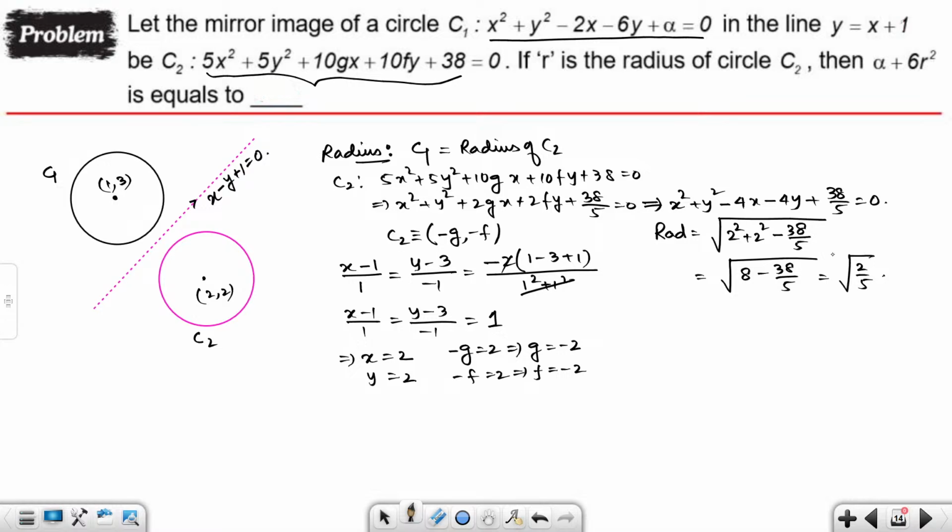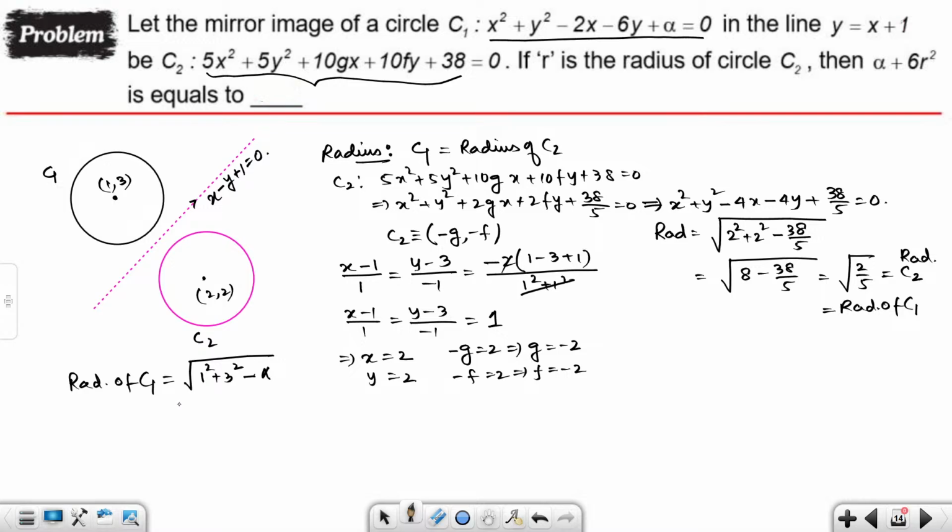Now, this is the radius of C2, which is same as radius of C1. Yes or no? Radius of C1. Now, what is the radius of C1? It is root over 1 square plus 3 square minus alpha.